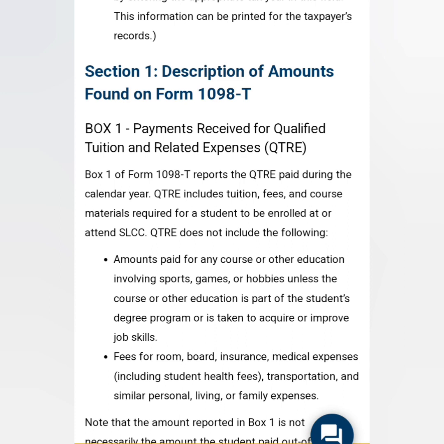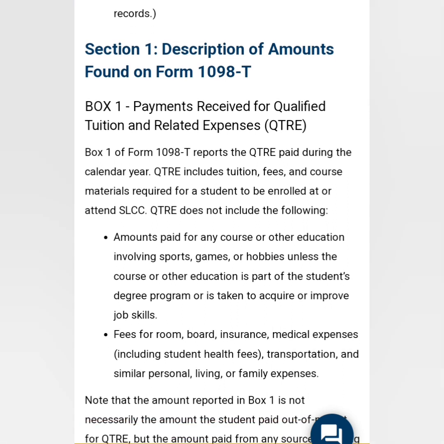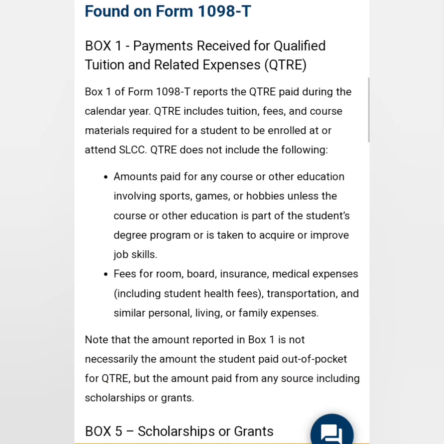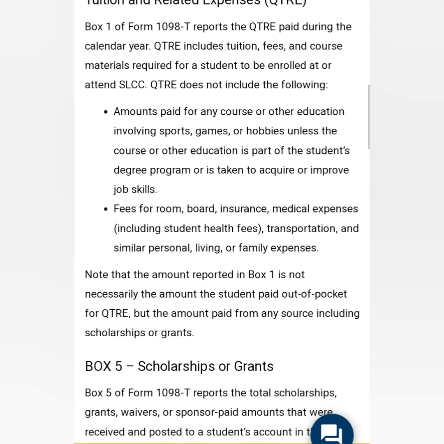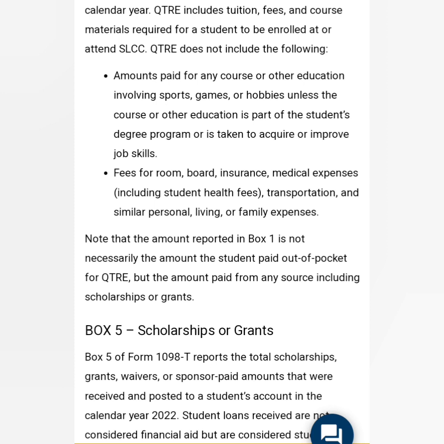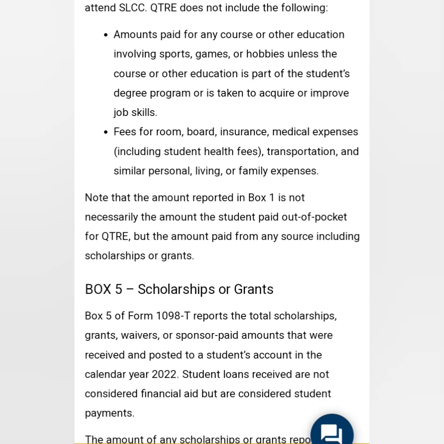This includes tuition, fees, and course materials required for a student to be enrolled at or attend SLCC, but it does not include the following: amounts paid for any course or other education involving sports, games, or hobbies, unless the course or other education is part of the student's degree program or is taken to acquire or improve job skills; and fees for room, board, insurance, medical expenses including student health fees, transportation, and similar personal, living, or family expenses. Note that the amount reported in Box 1 is not necessarily the amount the student paid out of pocket per quarter, but the amount paid from any source, including scholarships or grants.